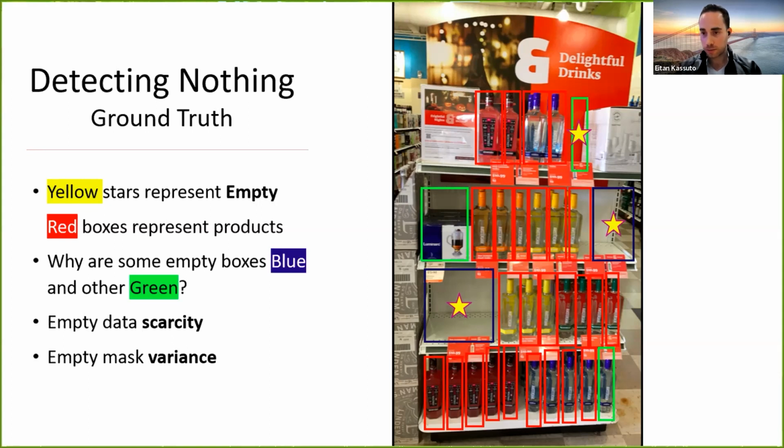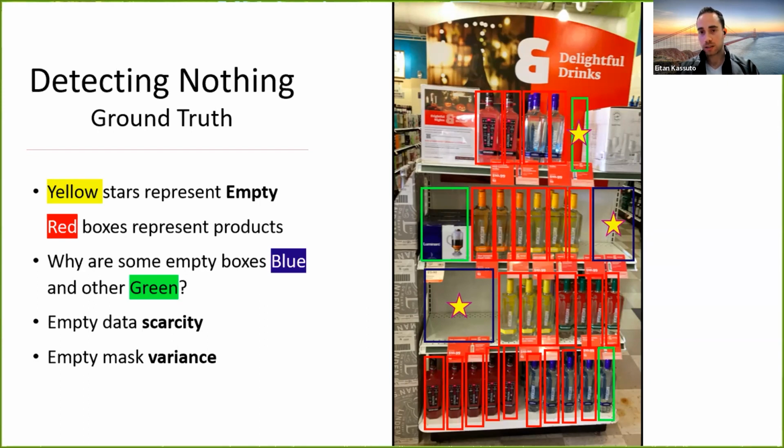So this is a typical image that we would see in our ground truth data. The red bounding boxes represent products. The blue represents empty, and the green represents the inconclusive tags, which I spoke of before. While we're looking at the data, empty doesn't happen very often in reality.